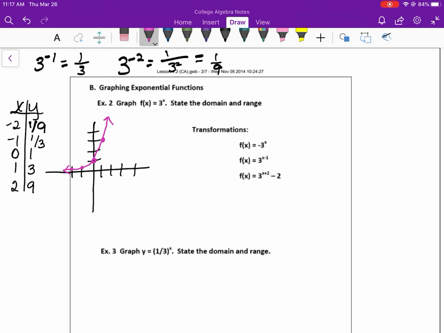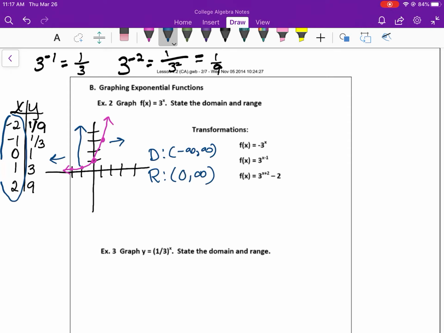Okay, the domain. We could use anything we want right here. Our graph is going to continue going to the left and to the right, so all reals. The range, though, it's starting at 0 and it's going up, so 0 to infinity. Notice it's approaching 0, so we have the parenthesis.